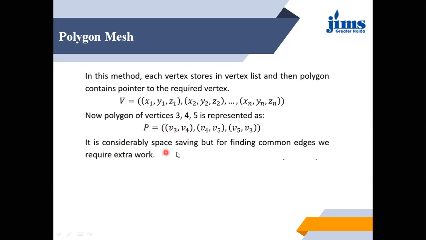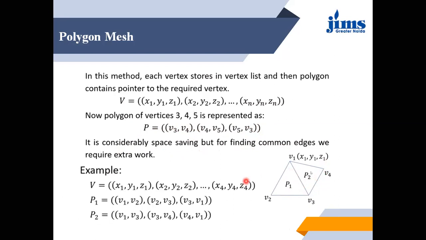It is considerably space saving when we perform the operations in this way, but for finding a common edge we require a lot of extra work. For an example, you can see over here that to find this edge, it's really difficult to find out the value of E2.